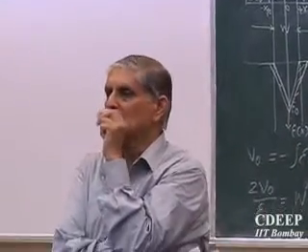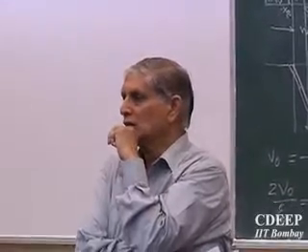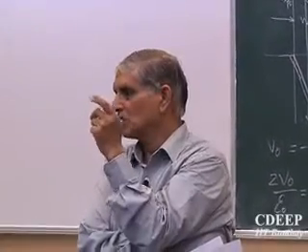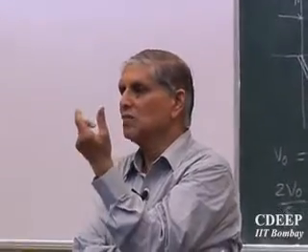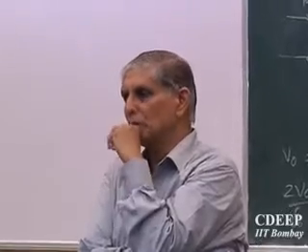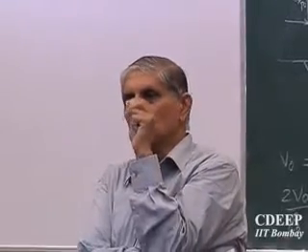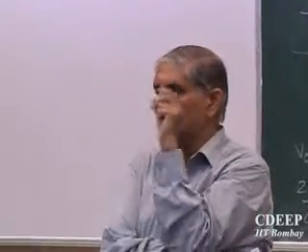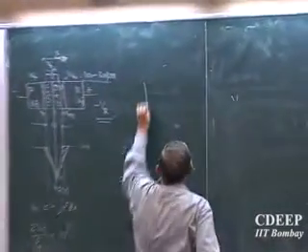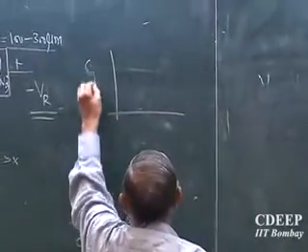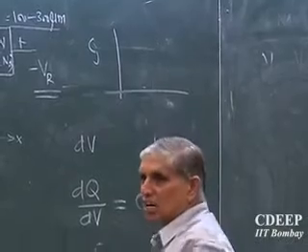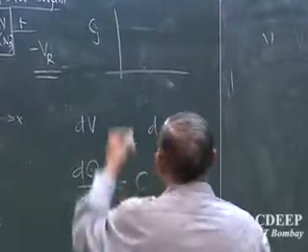So where will we get the largest capacitance? Zero bias, because at that time the depletion width is the minimum. So when I plot voltage versus capacitance, by simple thinking, this capacitance is called junction capacitance because it is a junction-related capacitance.